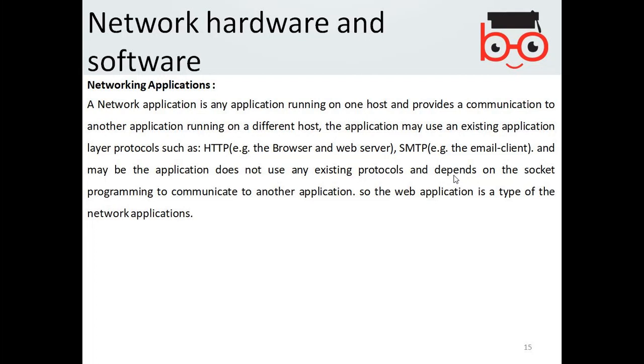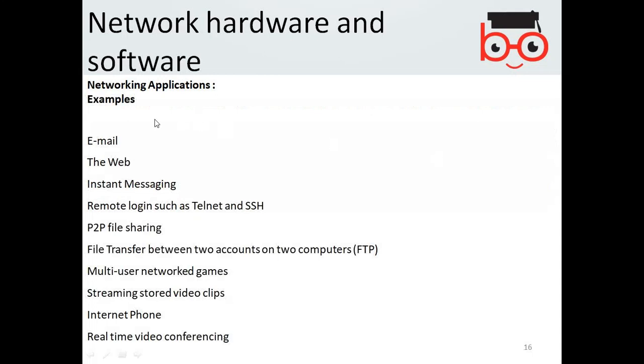So for your network, you need application software. Examples of networking applications can be email. Email is a network application that would be passed through the 7 layers of the OSI.